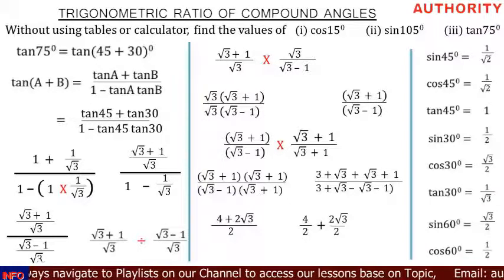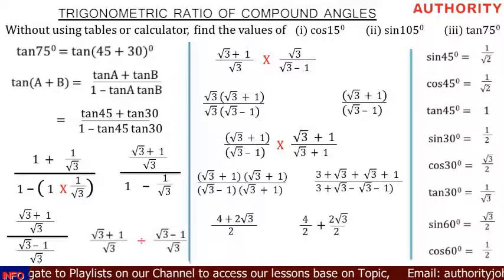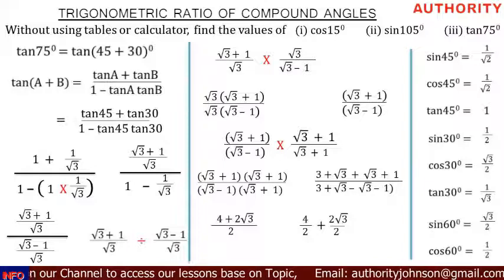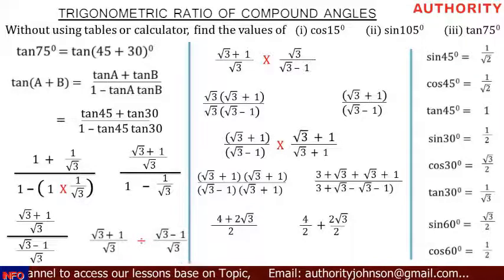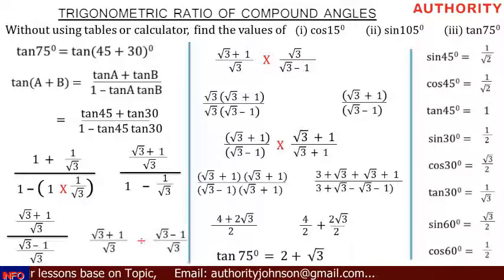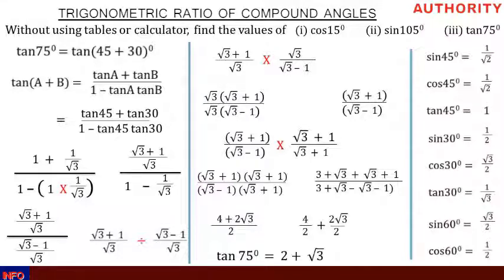Here we have 4 all over 2. So 4 all over 2, that is 4 divided by 2. It's going to give us what? 2. Is that true? Yes. Now we have plus, in this place, 2 root 3 all over 2. We have 2 in our numerator and 2 in our denominator, so we can cancel out. When you cancel out, you'll be left with root 3. So here we have 4 divided by 2, which is 2, plus 2 root 3 divided by 2, which is equal to root 3.